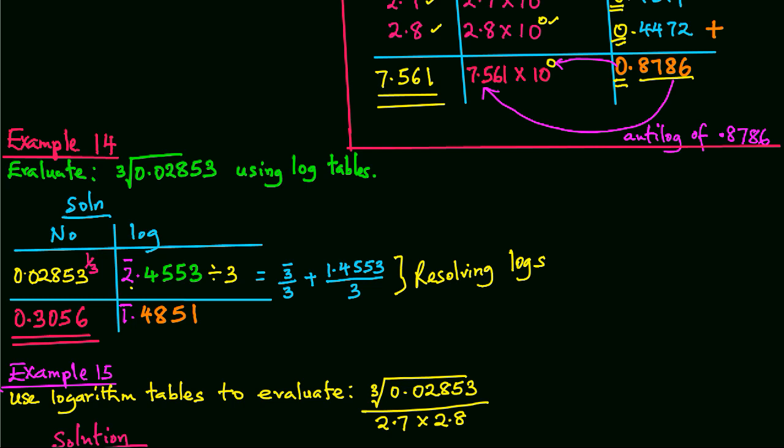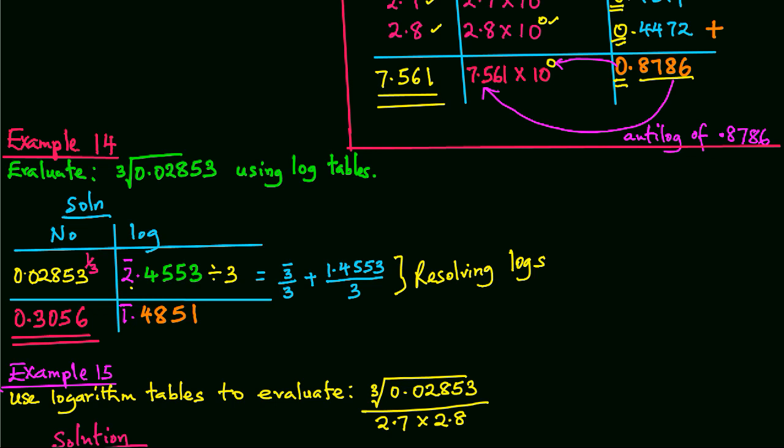So we are going to have bar 3 over 3 plus, remember, to adjust from bar 2 to bar 3, we need to subtract 1. And therefore, to create the balance, we add 1 to 0.4553, and that would give us 1.4553 divided by 3. So in this case, the value of the number is not changed.